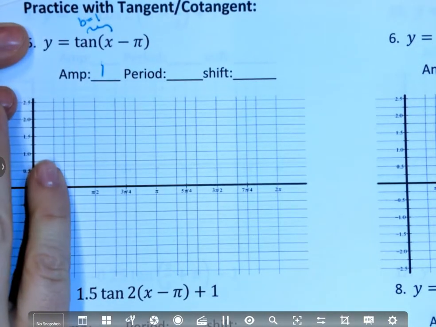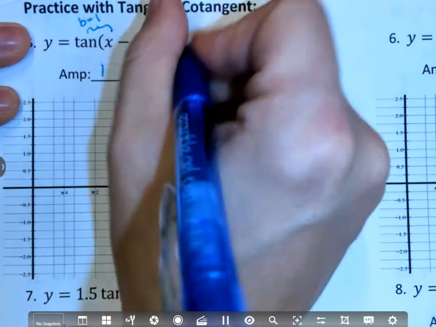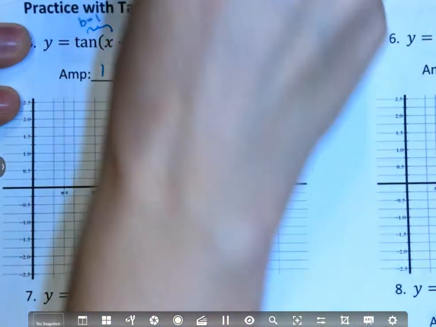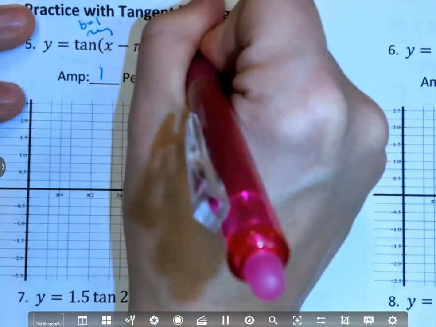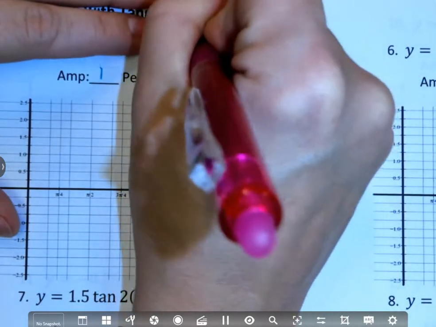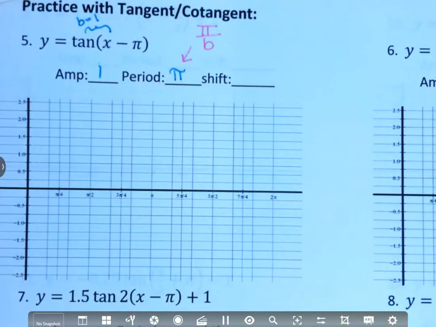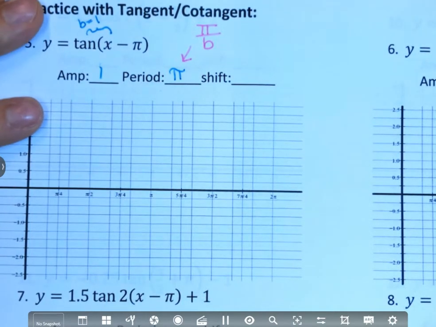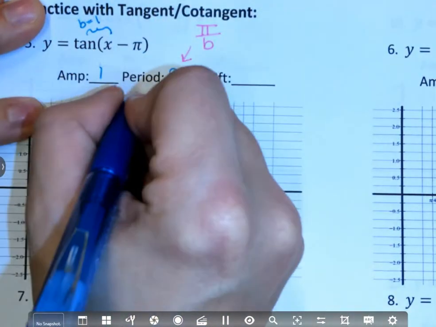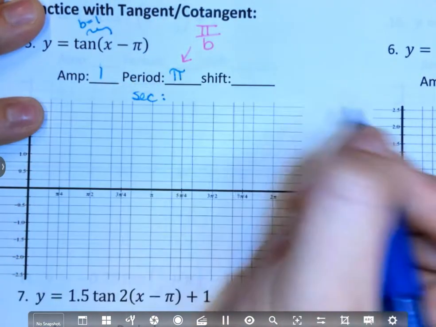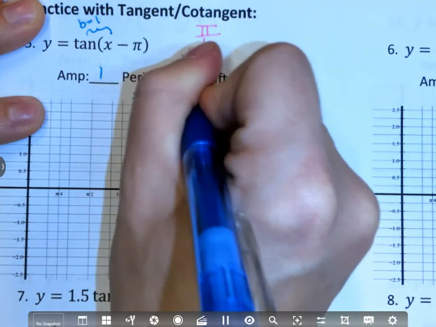If b is equal to 1, what is my period? Pi. Because remember, for a tangent and a cotangent, the period changes. It is now just pi over b. That's one of the big changes for tangent and cotangent. And if my period is pi, how big is each section? Pi over 4.